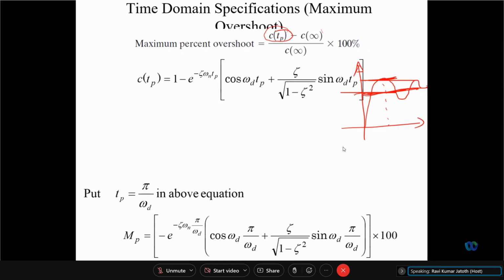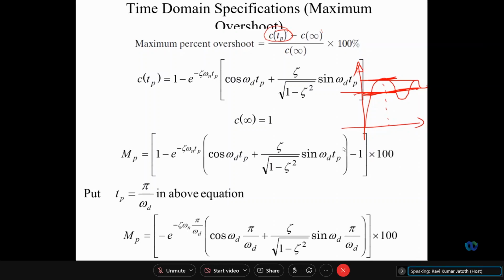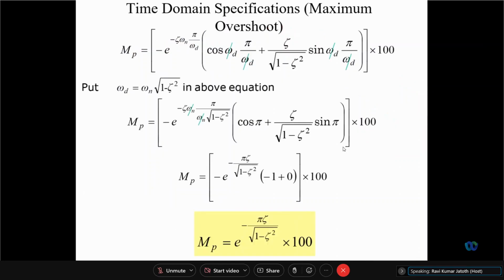C of infinity is 1, that means at infinite time it is going to become 1. So this expression minus 1 by 1, if you simplify further, the maximum overshoot is e power minus pi zeta by under root 1 minus zeta square.